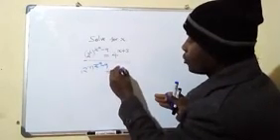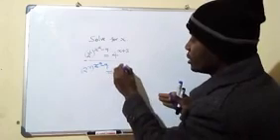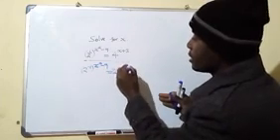So 4 is the same as 2 squared, then x plus 3.